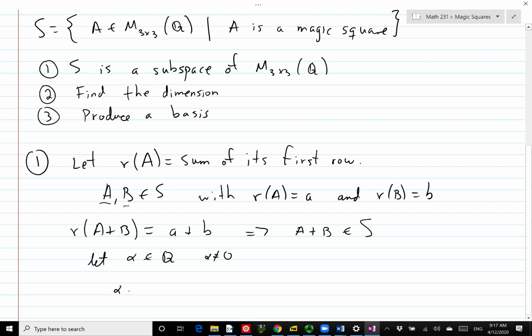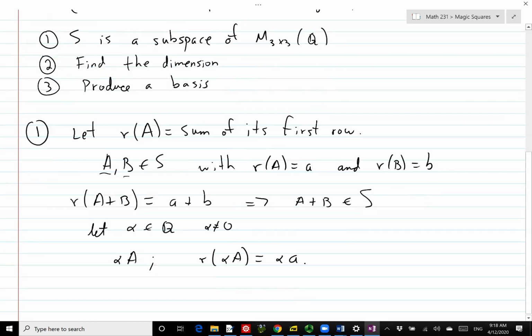If you scale a matrix by alpha, then every element is scaled by that same thing. So if you consider the sum of a particular row, because everything was scaled, it's just going to be the sum of the row of the original matrix times this scalar factor.